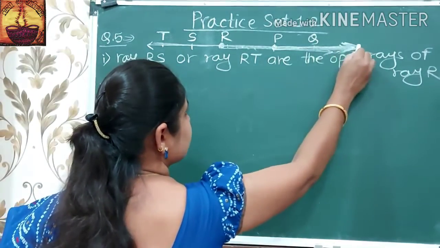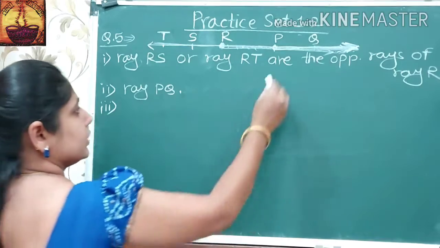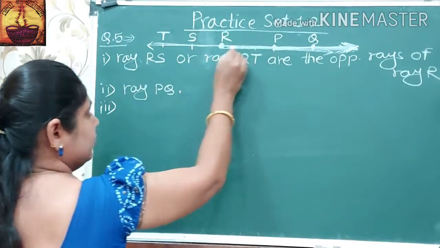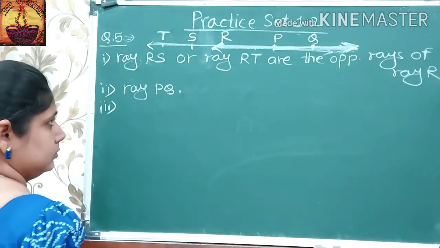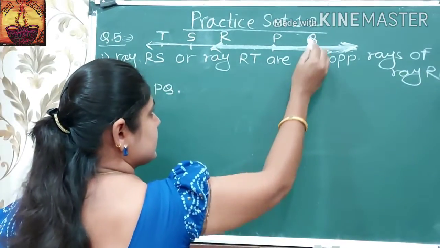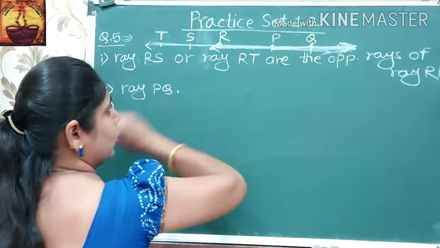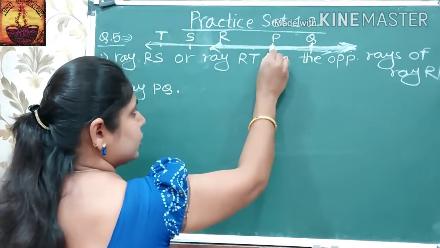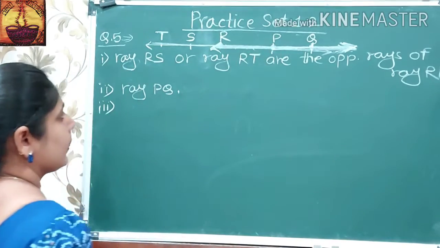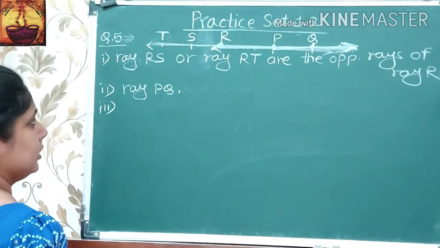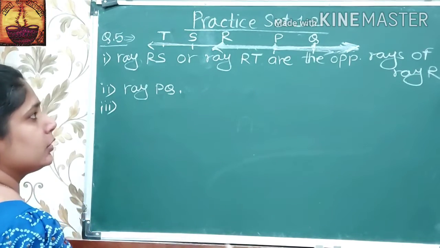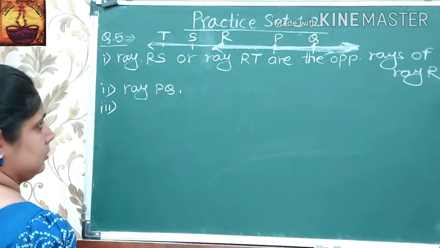Ray PQ starts from here and ray QR starts from here. QR's end point is Q and ray PQ's end point is P. And we have to write the union of ray PQ and ray QR.